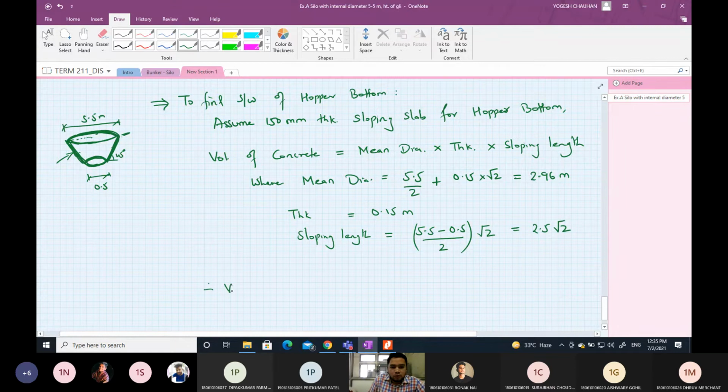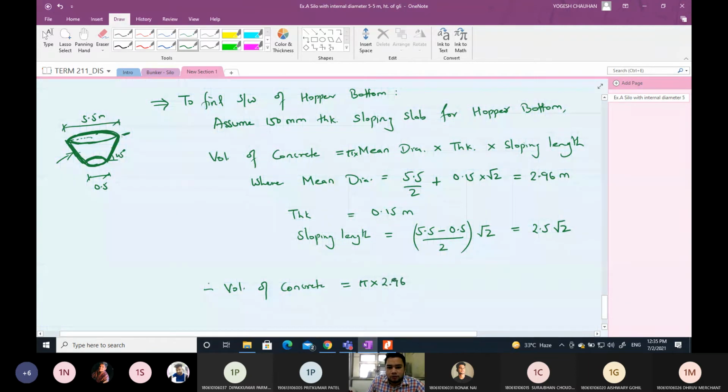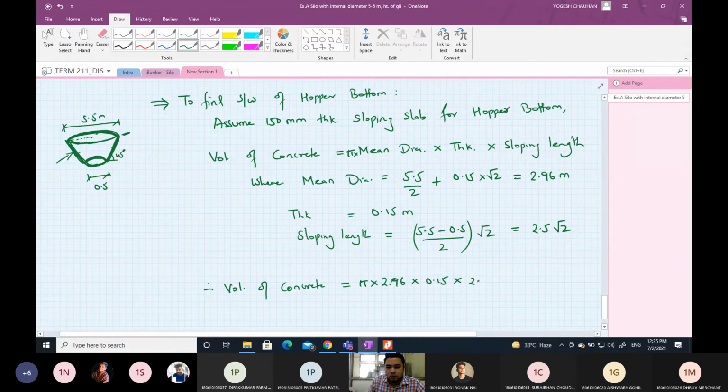Therefore the volume of concrete will be equal to pi times the mean diameter, pi into 2.96 into 0.15 into 2.5 root 2.